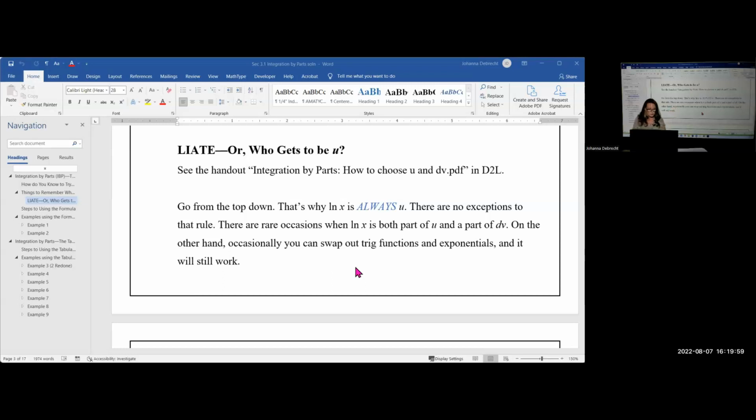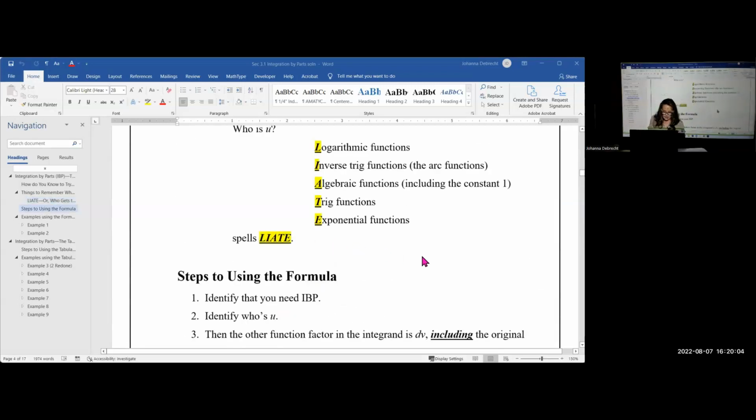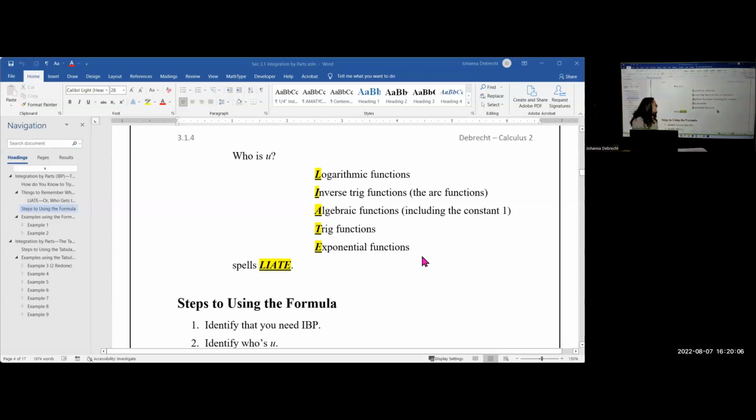What are the rules for this mnemonic device? LIATE. This is who is going to be u. So we're choosing u. All right. Now remember, dv, we want it to be the most complicated factor in the integrand with the differential that we can integrate. This lets us know what u is, which is the other piece inside the integral.